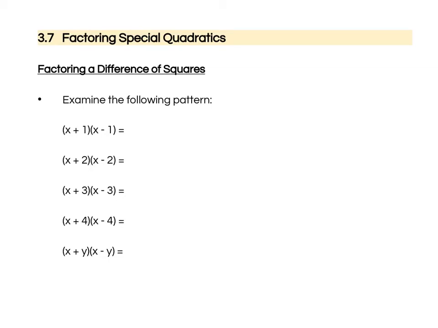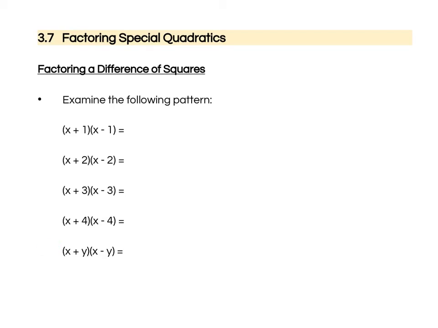So what I want you to do is quickly take a look at the sets of examples that I'm showing you here, and I want you to first off see what you notice that they all seem to have in common. So what does each individual question seem to have in common?